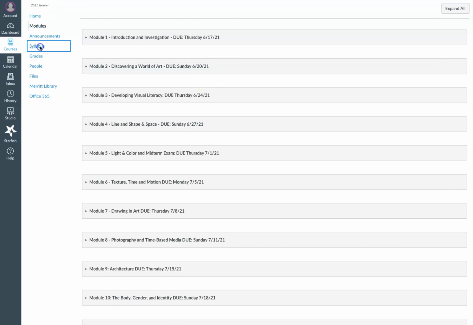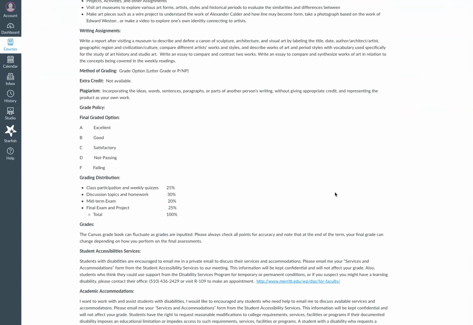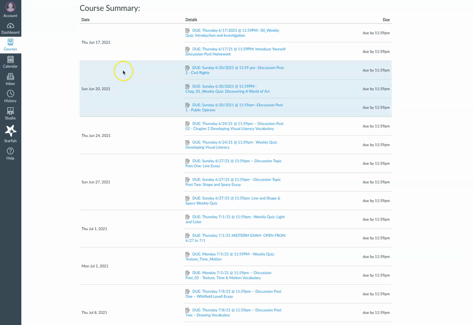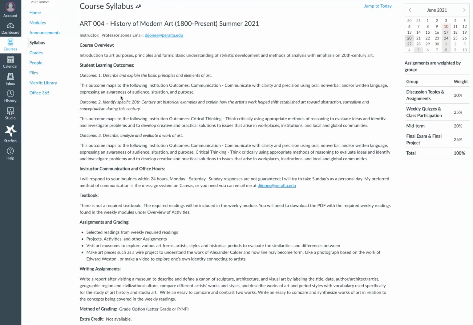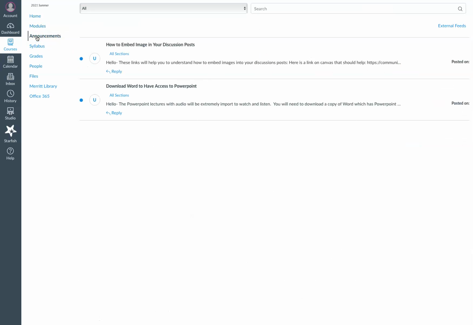Also, if you go to the syllabus, you can review what to expect from this course. And if you scroll down on the syllabus, it gives you a course summary, so you can see ahead of what's due on what Thursday or what Sunday. So there's a couple of different ways to navigate. There's also a calendar, lots of different ways for you to access the information.